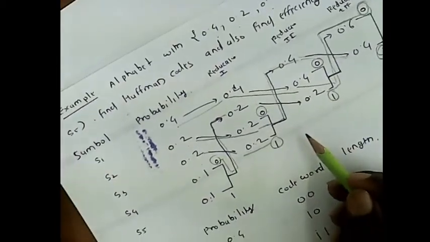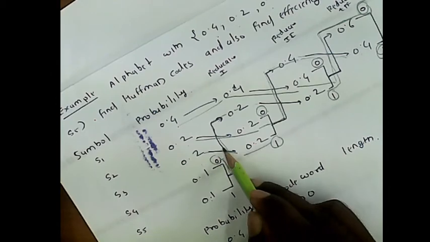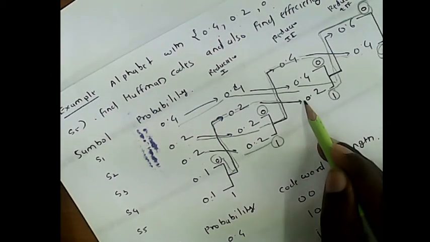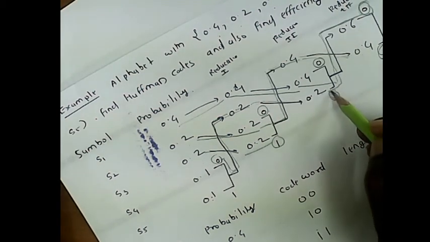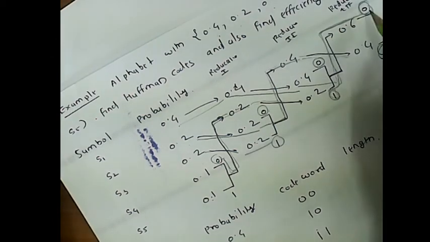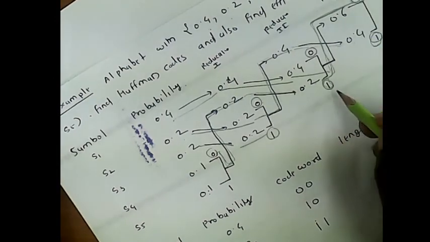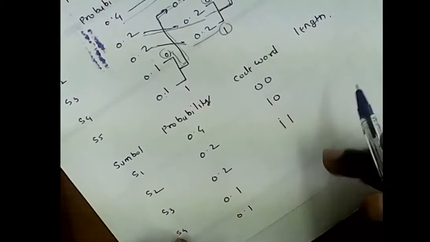See here, we follow the first code 0 in this direction, and this is combined here. So this is a one bit symbol code, and then it will be here. We write it in the reverse direction: 0 1 0. This is the code word for the S4 symbol.